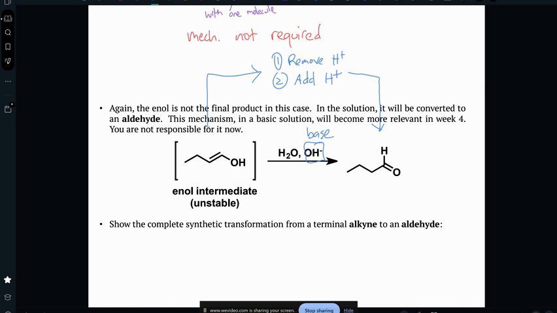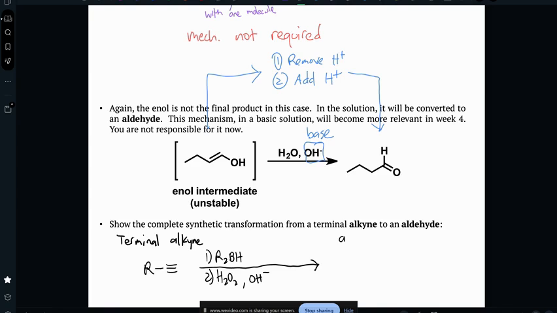The one thing I want you to take away from this is that we can take a terminal alkyne, so I'll just leave it generic and say R, and if we do this sequence, then we make an aldehyde.